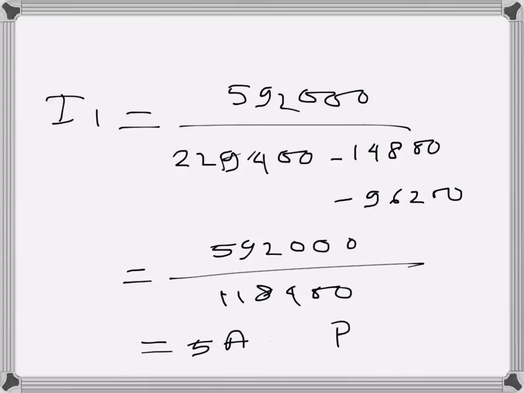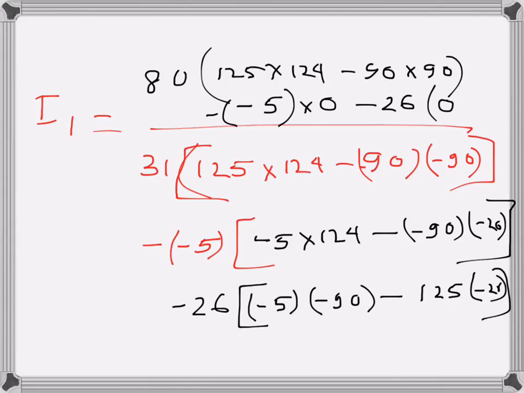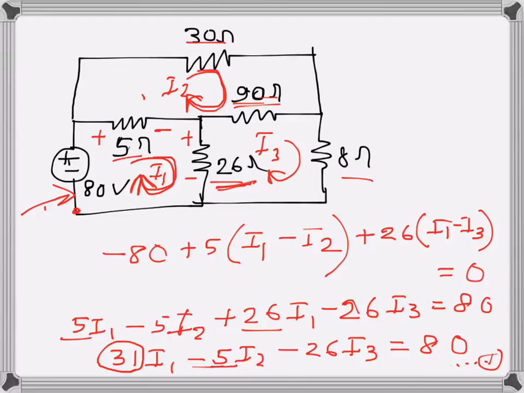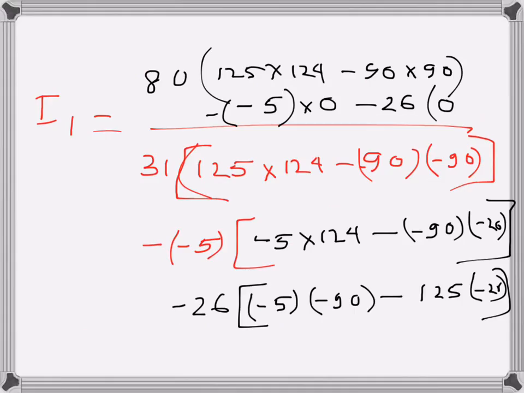This 5 amps is I1, the mesh 1 current, and that is the current through the 8 ohms, because there is no other mesh current through the 8 ohms. So that's the current through the power supply.